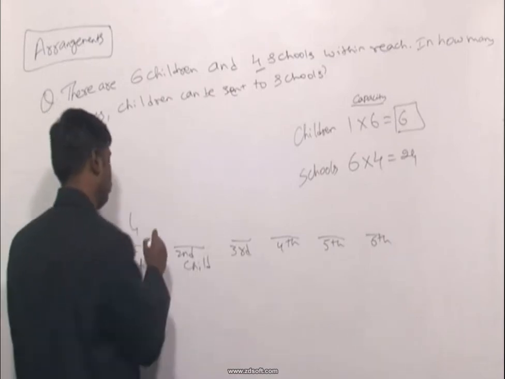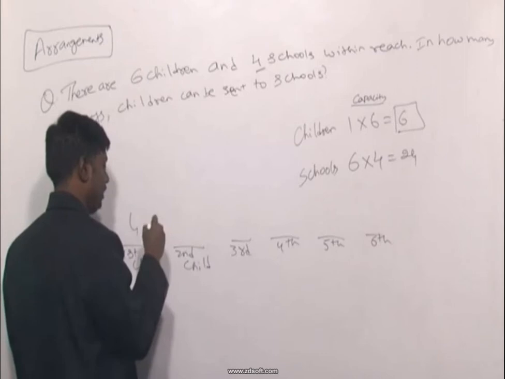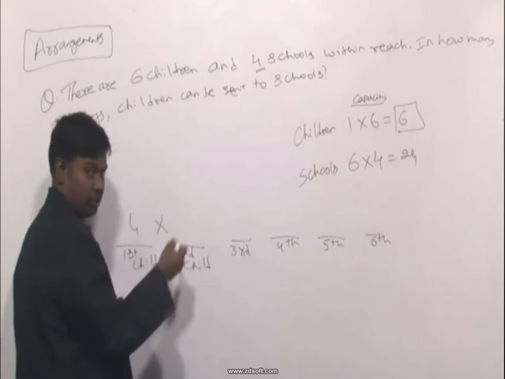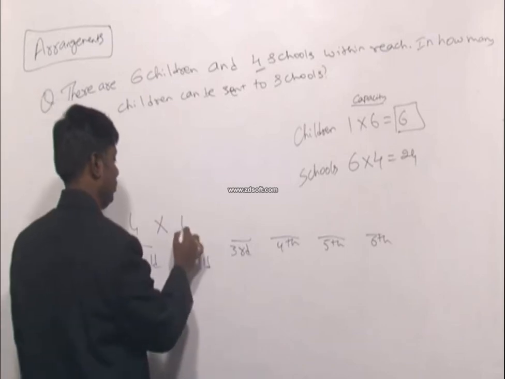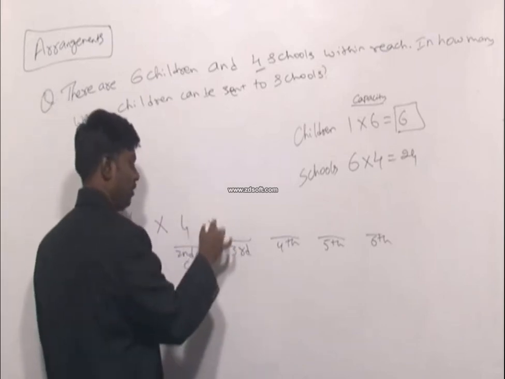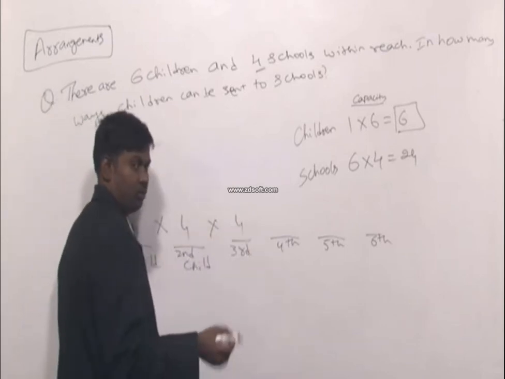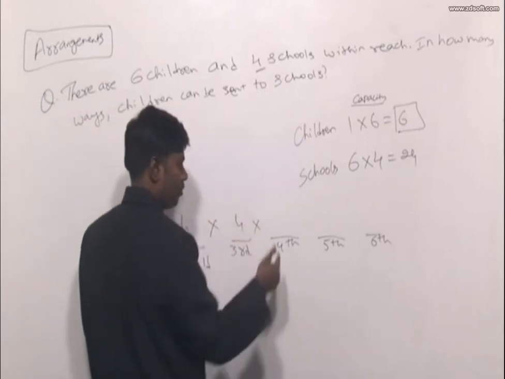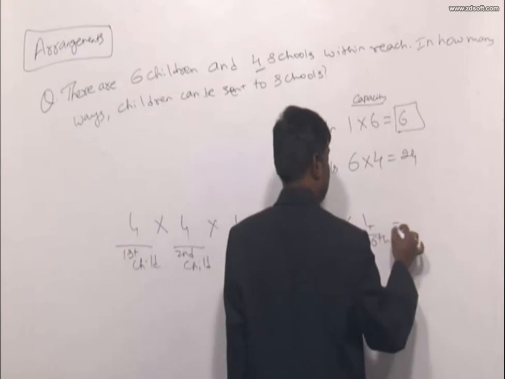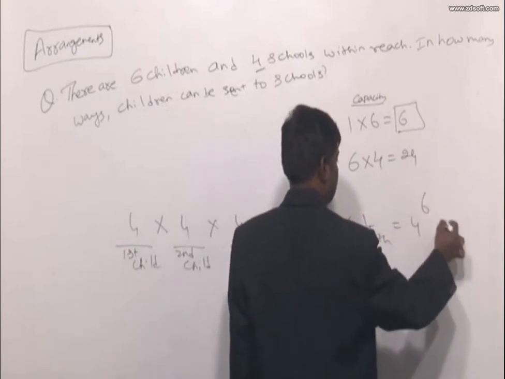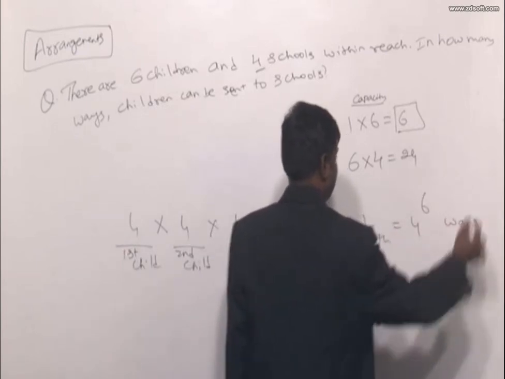For each of those possibilities, second child can go to any of the 4 schools in 4 ways. For each of those possibilities, third child can go in 4 ways. For each of those possibilities, fourth child. These are the total number of ways.